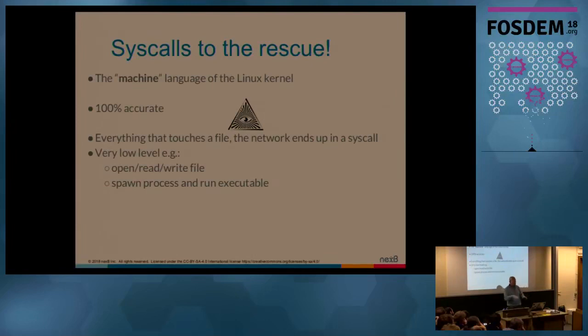It knows about file system, network, CPU, scheduling, and the simple things it does: it's being asked to open a file, close a file, read some bytes, write some bytes, spawn a process, that kind of thing. So very low level. And that's why it's a good idea to think about it in terms of the equivalent of machine language for user space.